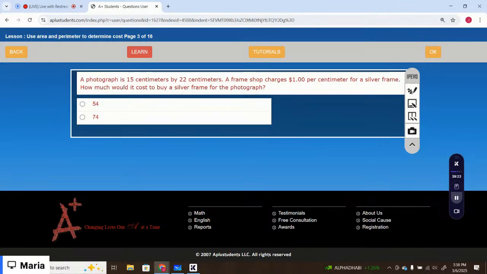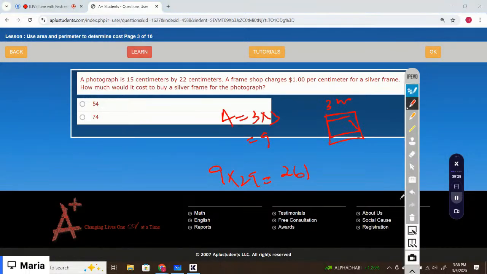You always put the frame outside the picture, right? So you have to calculate the perimeter. You have to add 15 plus 15 plus 22 plus 22. So which is the correct option?